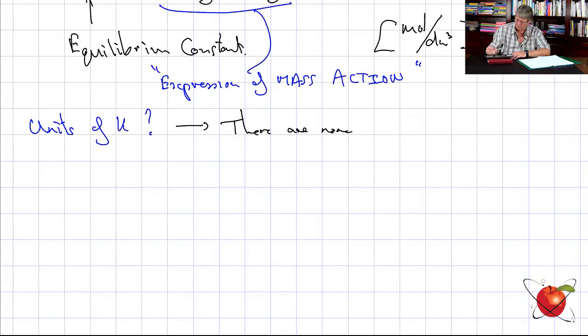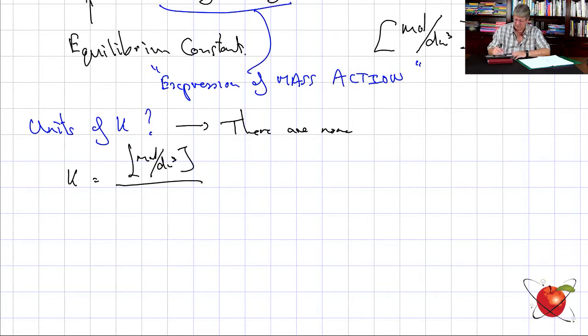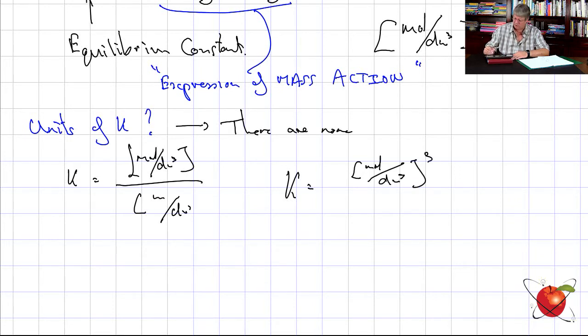there are none. Why? Because, let us say K is a simple one, moles per decimeter cubed, and it's a 1-to-1 reaction over moles per decimeter cubed. That's all going to cancel out. Let us say for a different reaction, K could be moles per decimeter cubed divided by moles per decimeter cubed over there.